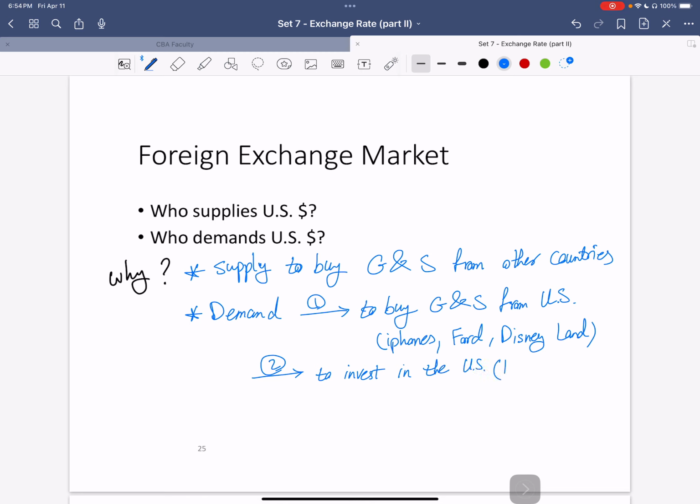For example, they want to buy a house in, say, Florida, or buy US stock or bonds.